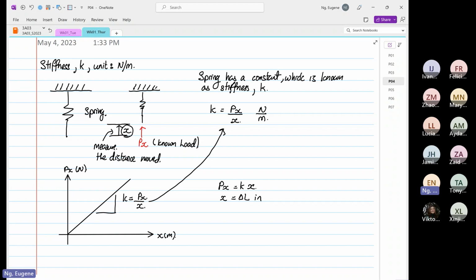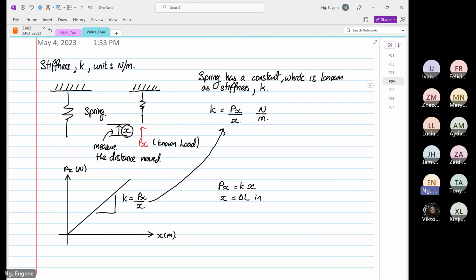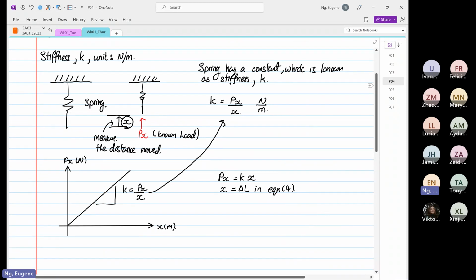If we go back, change in length in our equation number 4. So we are going to equate; I'm going to call this equation number 5.